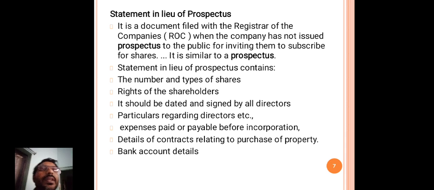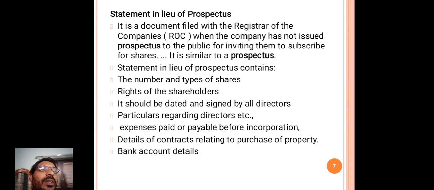When the company has not issued a prospectus to the public for inviting them to subscribe for shares, it files a statement in lieu of prospectus.